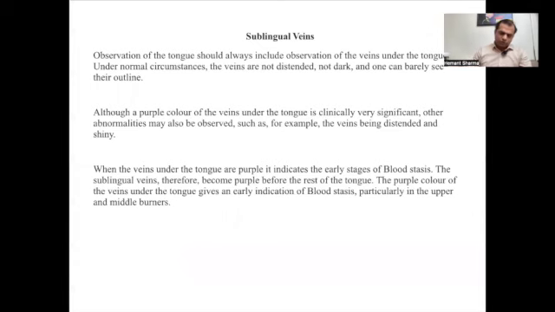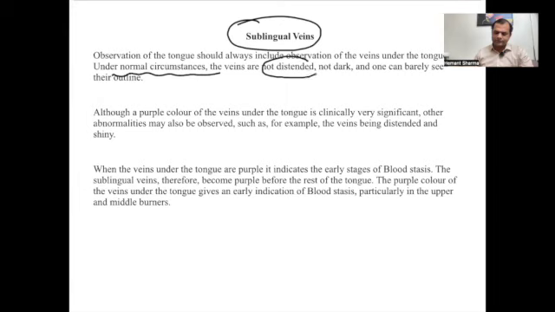So when we talk about the sublingual vein, in normal circumstances these veins are not distended. These veins are not dark in normal circumstances.